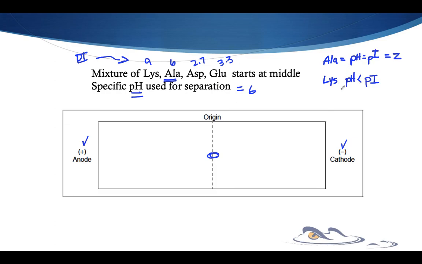So it's more acidic. That means more positive. So therefore, the lysine here is going to be in its cationic form, right? So whenever the pH is more acidic, that's going to make the amino acid go to its cationic form. We're matching up the positives with it. So if the pH is less than the PI, it's more acidic, that means it's going to be positive, and so it's a cationic form of it, yeah?